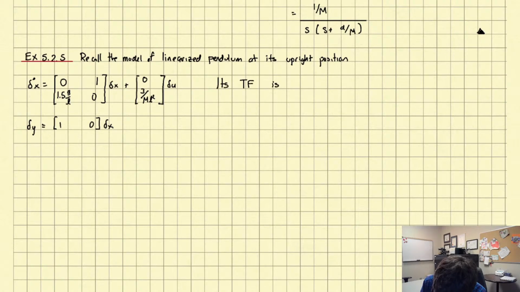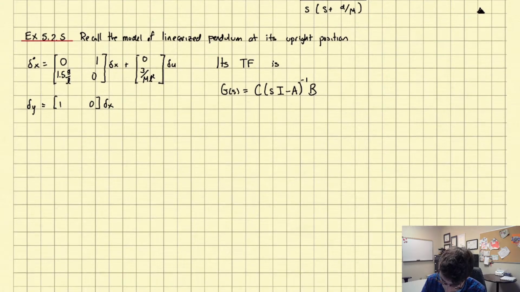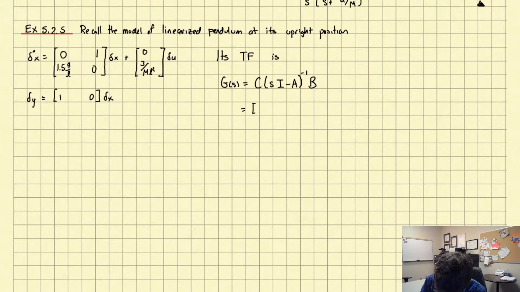So its transfer function is, we derived this formula above, the general formula. D is 0 for the system. Plug in the information for our particular system. So C is [1, 0], (sI minus A) inverse.